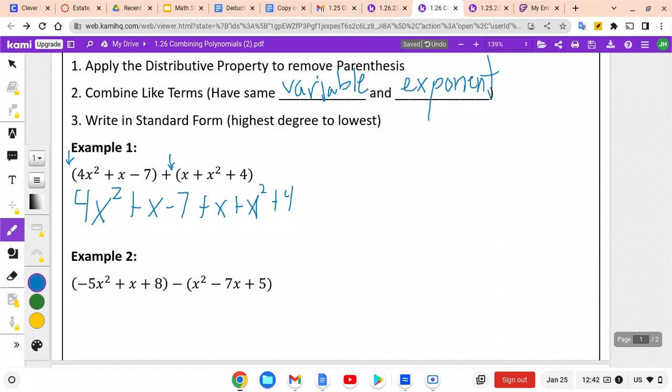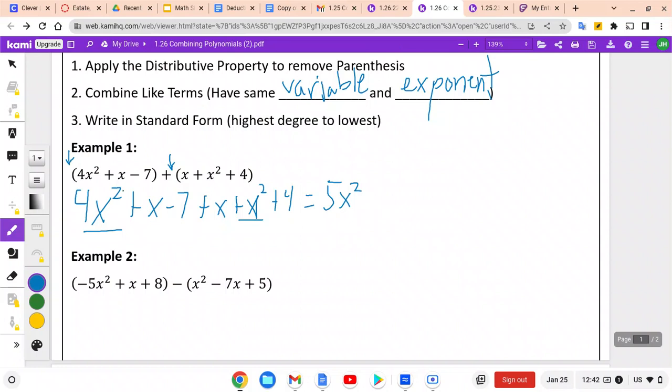Now we combine like terms. 4x to the second plus x to the second means you have 5x to the second. Now some students want to change the 2, but we're not multiplying or dividing, we're just adding. So if I have 4x squareds plus another x squared, I have 5x squareds. Think of it as collecting. You're just collecting your stuff.